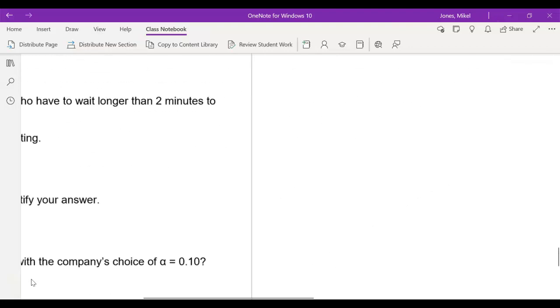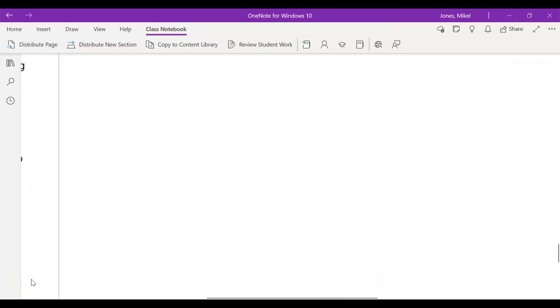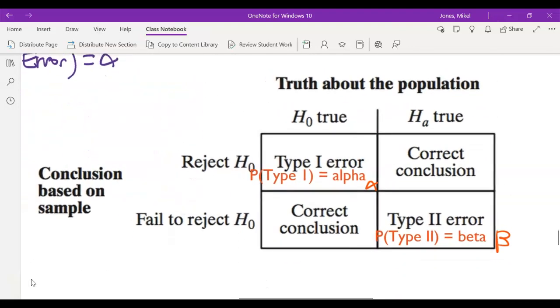So one other thing that I should mention, and this is in your reading, is that there is a bit of a trade-off between a type 1 and a type 2 error. So if you increase the probability of a type 1 error, you will decrease the probability of a type 2 error. And if you decrease the probability of a type 1 error, you will, just by nature, increase the probability of a type 2 error.